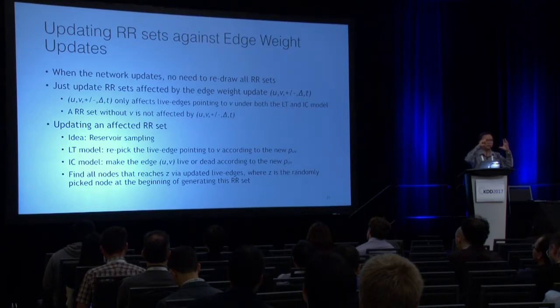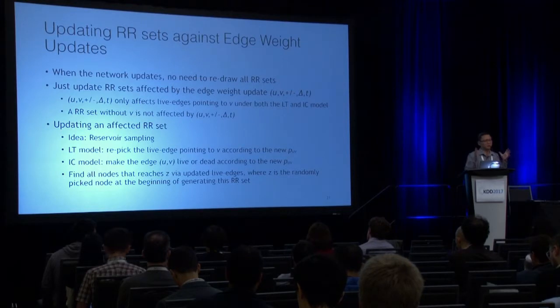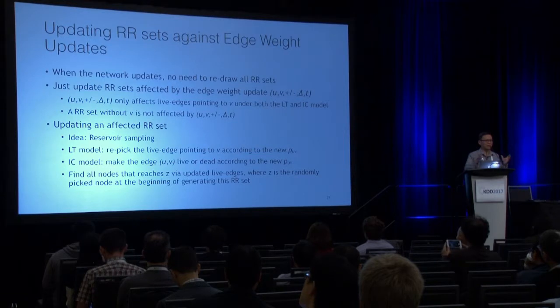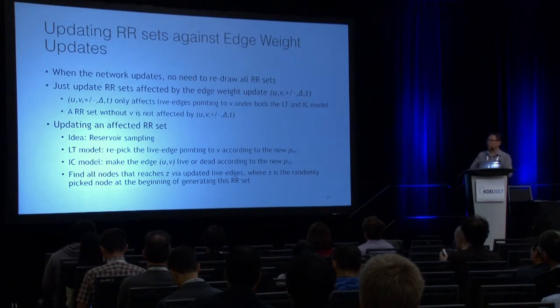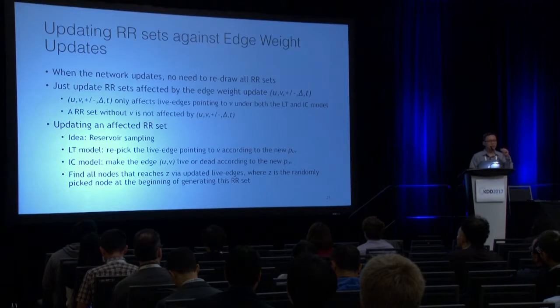And then by simple calculation, you can get the expectation. But the real challenge is how can I maintain the RR set samples? Okay, so when the network updates, we do not need to redraw all the RR sets. We only need to update those RR sets affected by the changes.